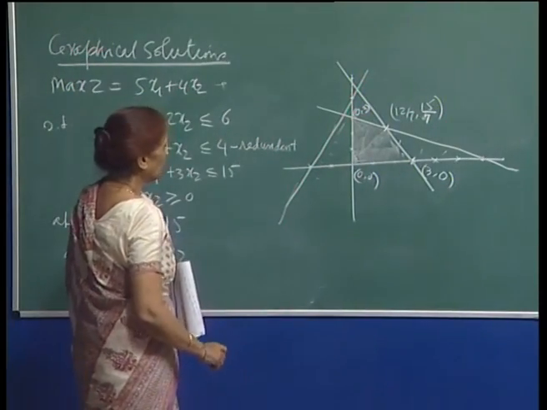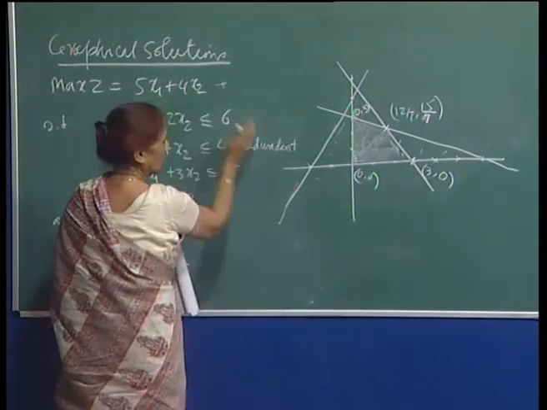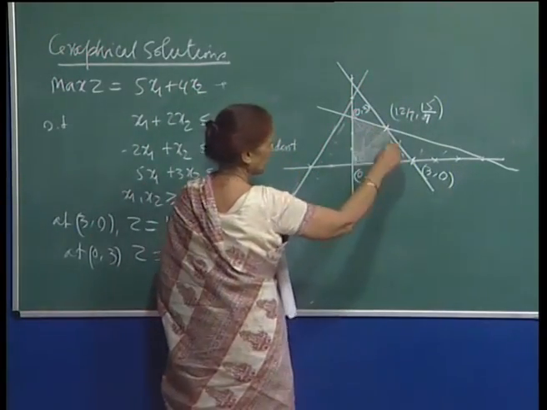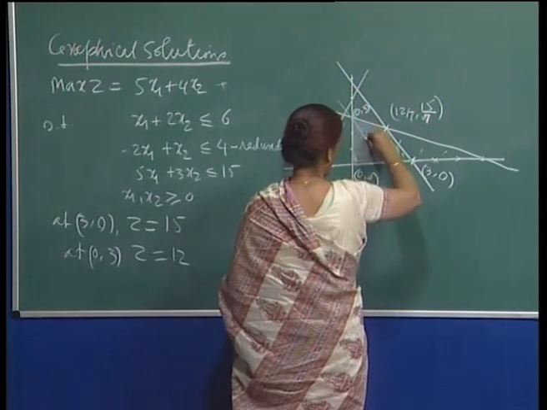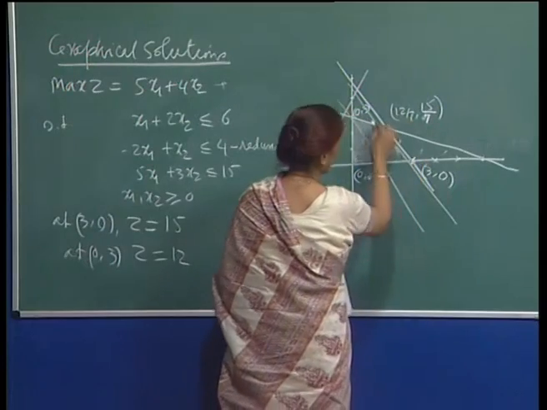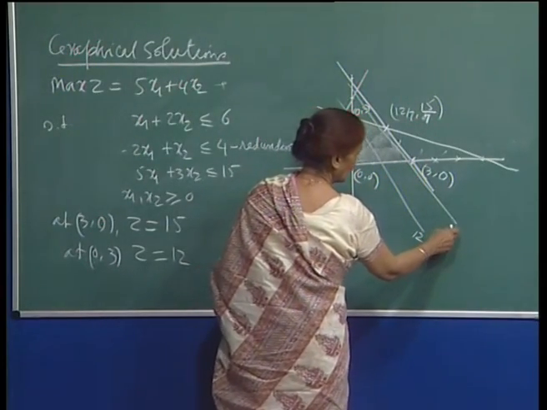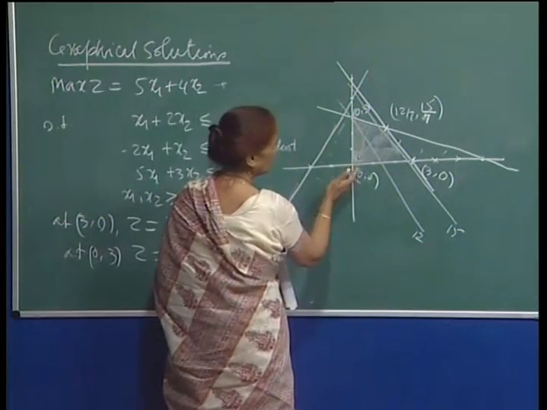So, and of course at 0 it is 0, right? At 0. So the value is increasing in this direction. That means something like this, and then this line will pass through this. So this corresponds to 12, and this corresponds to 15. So the value is actually increasing.